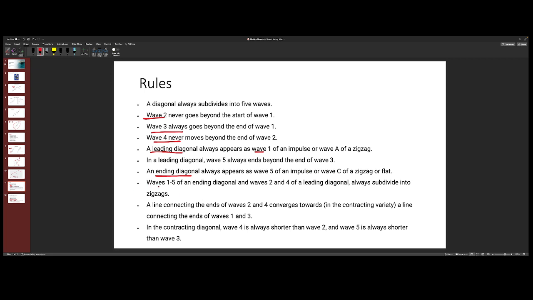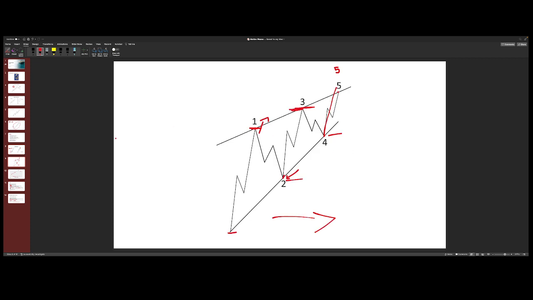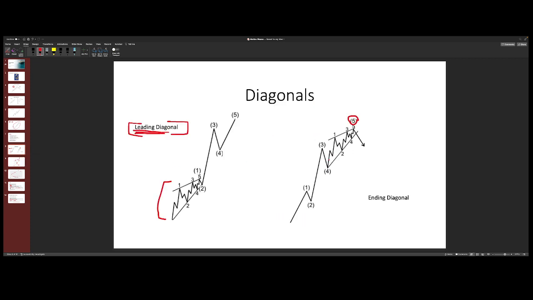And what's the difference between an ending and a leading? It is that waves 1 and 3 of an ending diagonal are zigzags, and 2 and 4 of a leading diagonal are zigzags. So in this case, all these are zigzags, which is a 3-wave substructure, all of them.